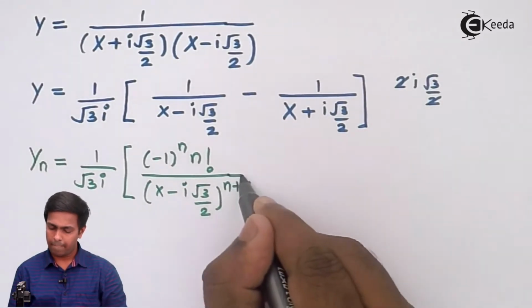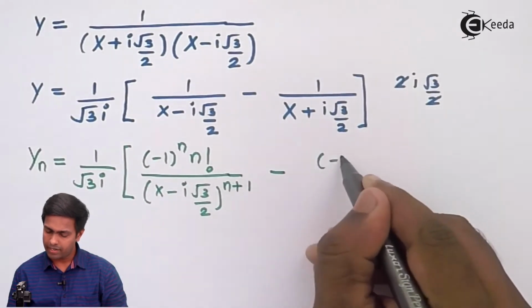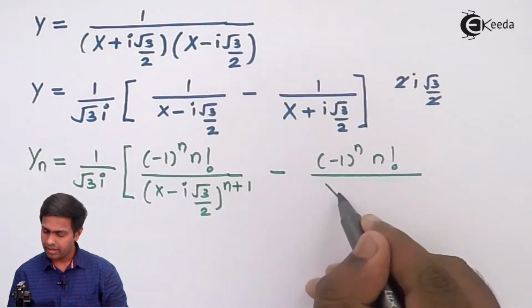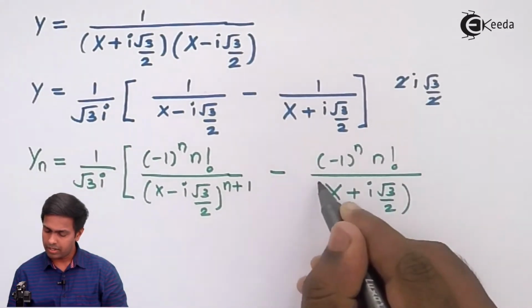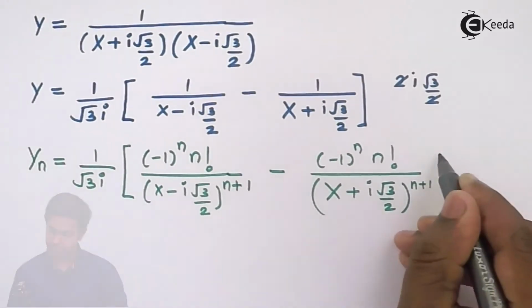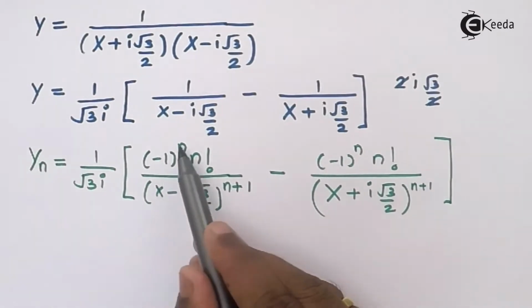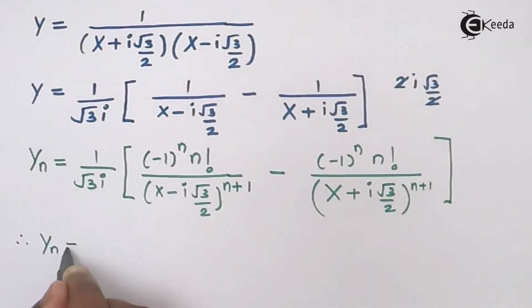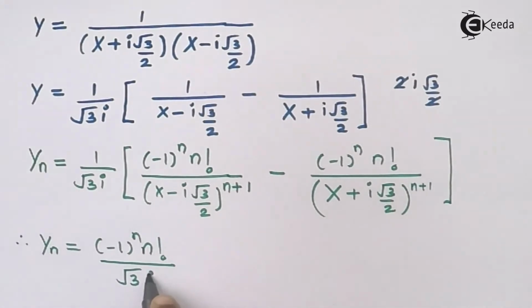Next, minus, here also we will get the same term, so minus 1 raised to n into n factorial upon x plus i root 3 by 2 raised to n plus 1. Now guys, from these two terms I can take minus 1 raised to n into n factorial outside.